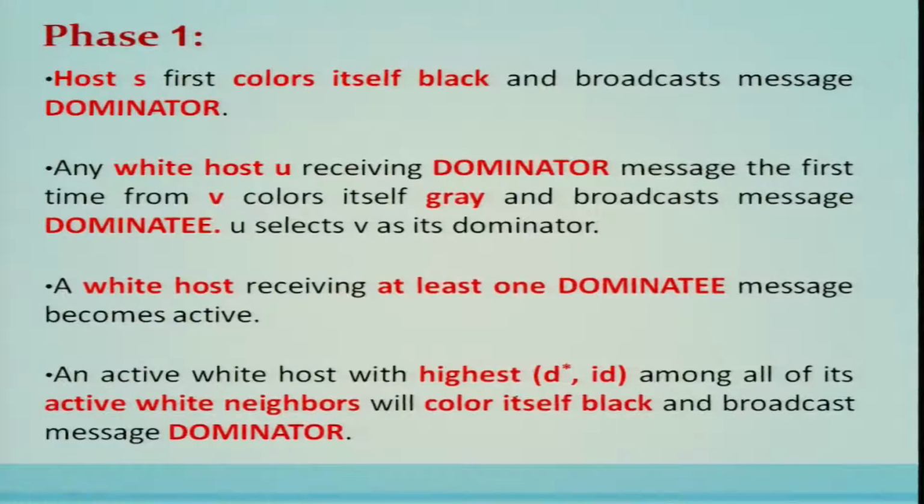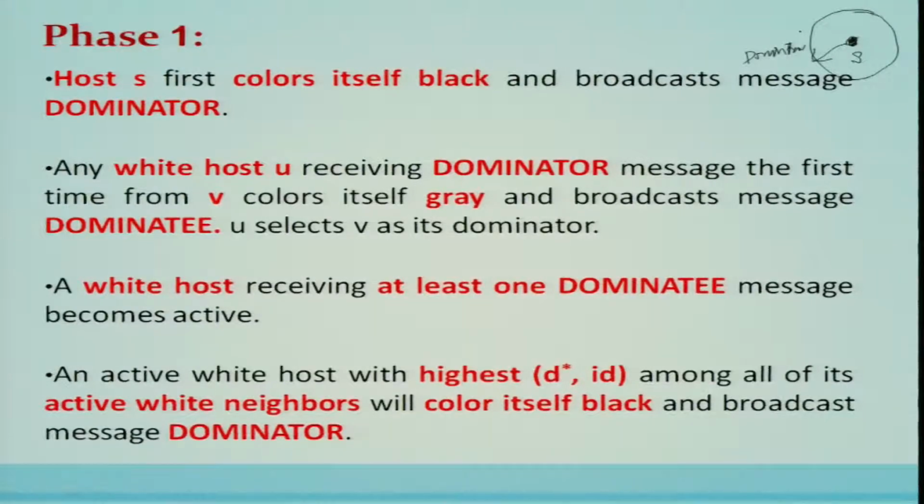This algorithm works in 2 phases. Phase 1 goes like this: host S colors itself black and broadcasts a message, dominator. It will broadcast in a disk of radius 1, and this particular message is called dominator.